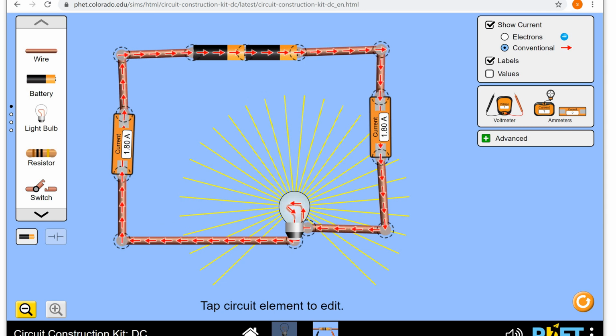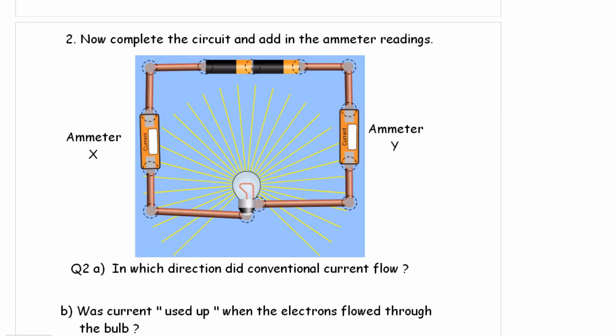Question 2. So here's question 2 now. Complete the circuit and add in the ammeter readings.